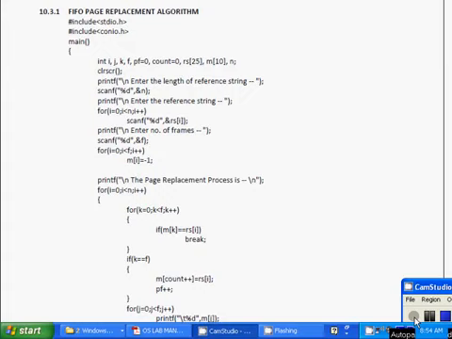The modify bit for a page is set by the hardware whenever any word or byte in the page is written into, indicating that the page has been modified. When we select a page for replacement, we examine its modify bit.